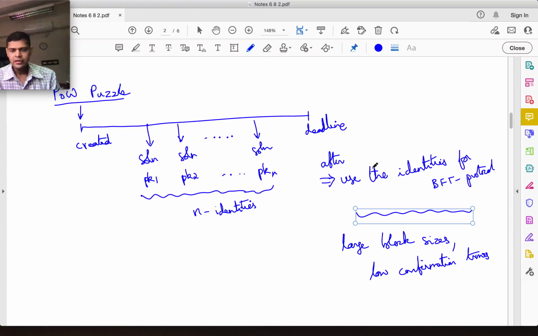So there are several questions which probably are coming into your mind. So how do we know that the BFT protocol is going to work? Because the BFT protocol has some assumptions, some security model is assumed, and is that going to be true in this system, right? So we are starting with a permissionless system and we are trying to convert it to some sort of permissioned system, right?